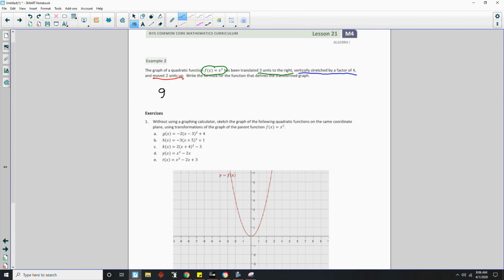So it would be g of x equals, well, your a is your stretch. Vertical stretch by a factor of 4 would be 4.